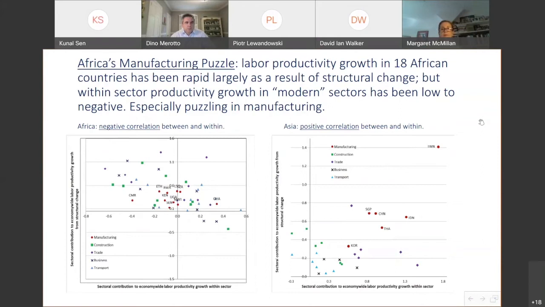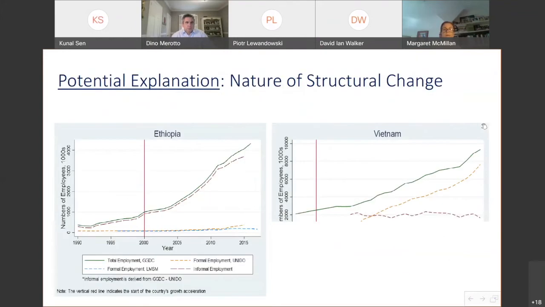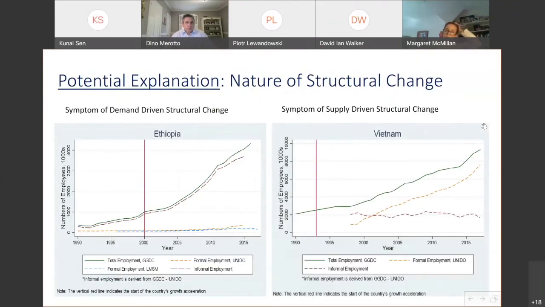And this holds also for some newly industrializing Asian countries such as Bangladesh, Vietnam, Laos, and Myanmar. So a potential explanation for these results is that we're seeing what we call demand-driven structural change in the African countries versus supply-driven structural change in the Asian countries.